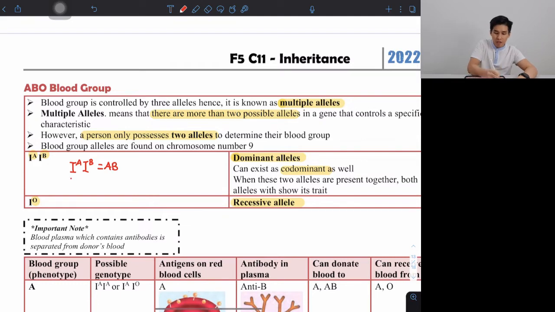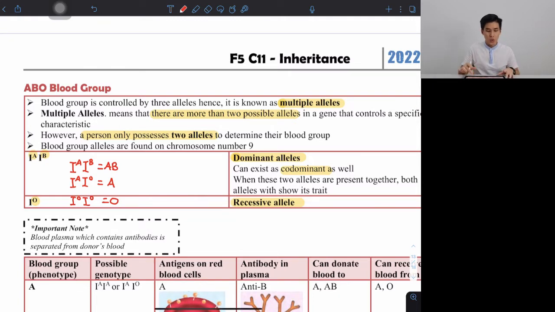However, if a person has A and O present in a gene, just like we learned previously with a dominant and a recessive, you only show the dominant trait, so this person will be blood group A. And since O is a recessive trait, if a person wants to be blood group O, he must have both IO present in the gene.